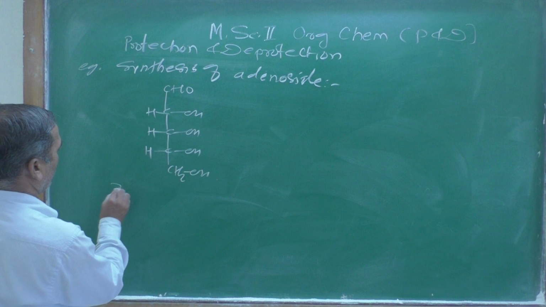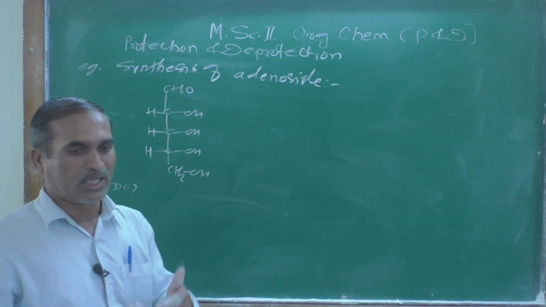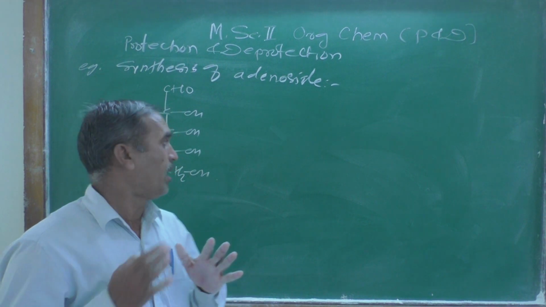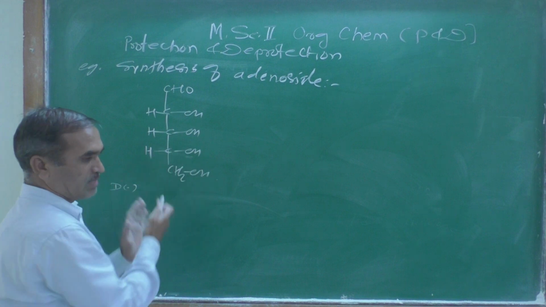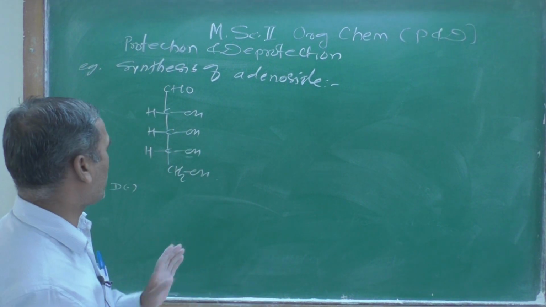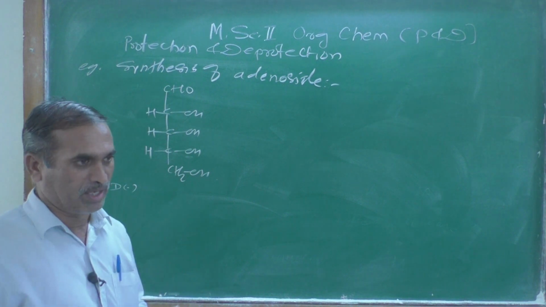This is the structure of D-ribose. D stands for a relative configuration, and when the OH group is on the right hand side at a chiral center, it is known as D configuration.